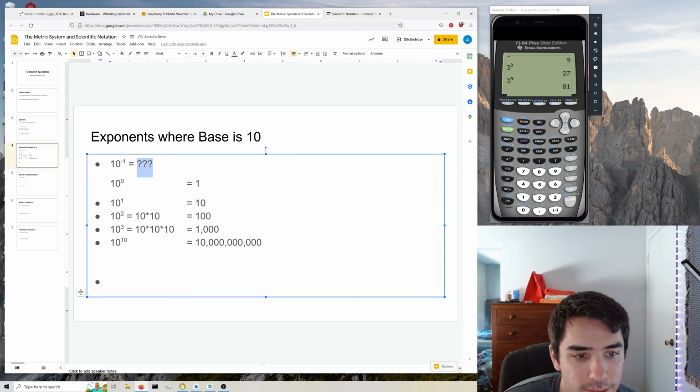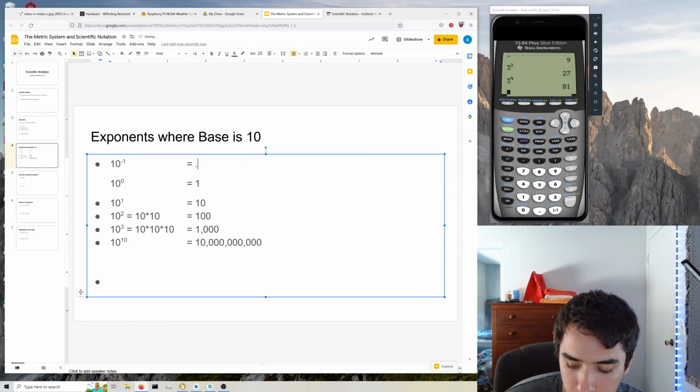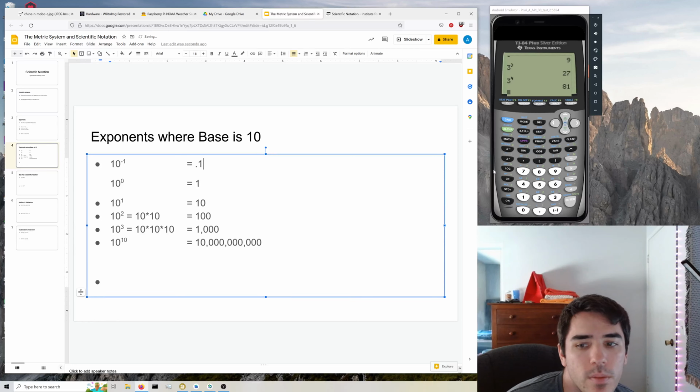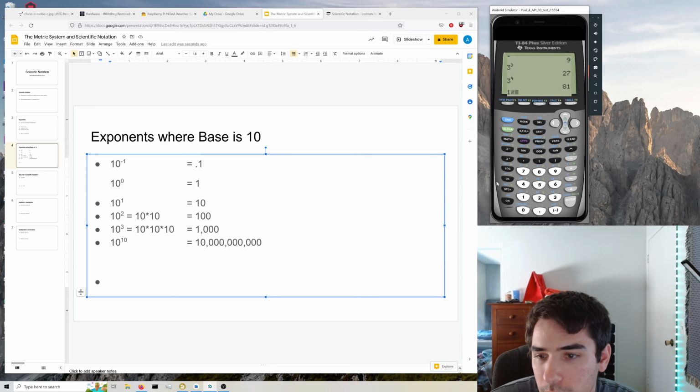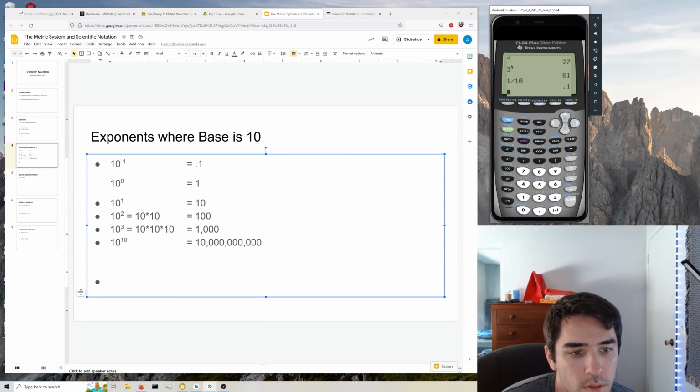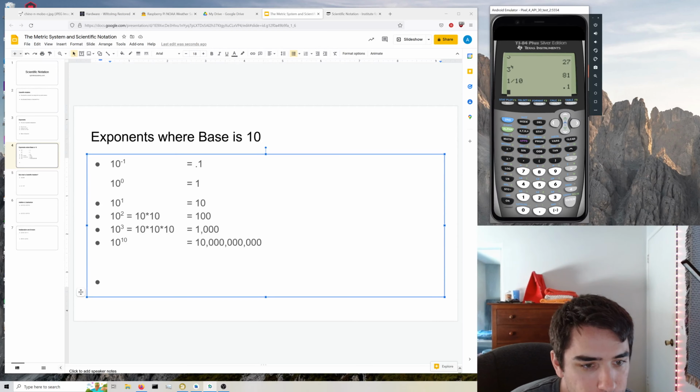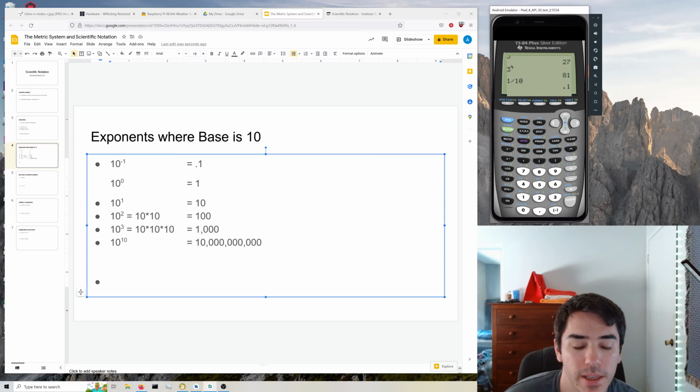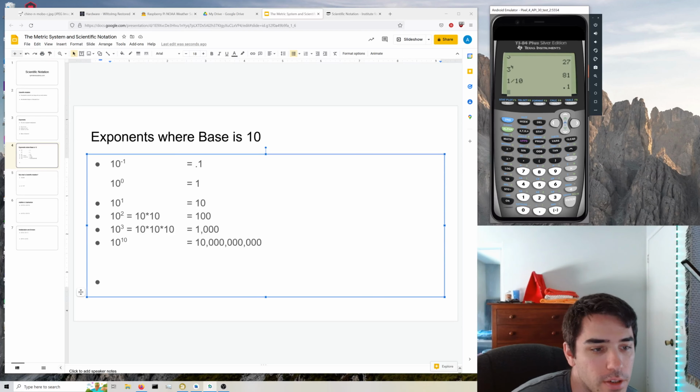The next step, since we're going that way, is going to be another division by 10 again. So it equals 0.1, because 1 divided by 10 is 0.1. So that's the answer to that, and you can see how multiplication and division work in terms of exponents.